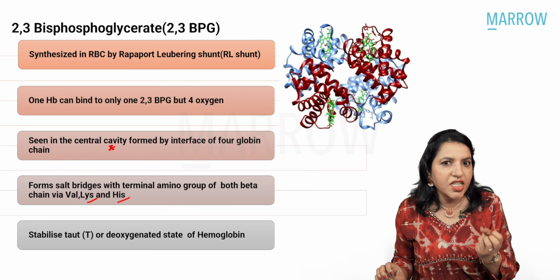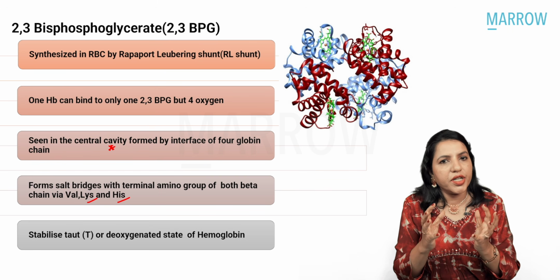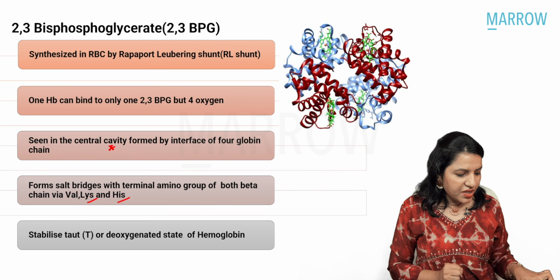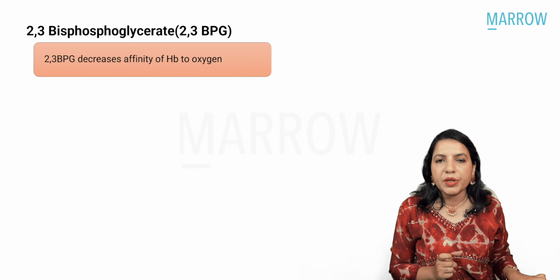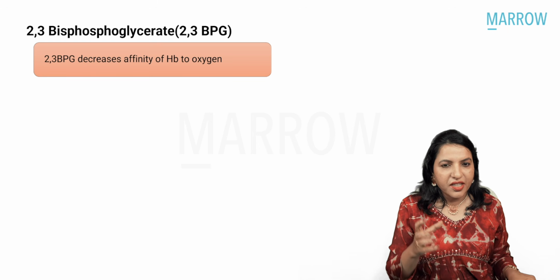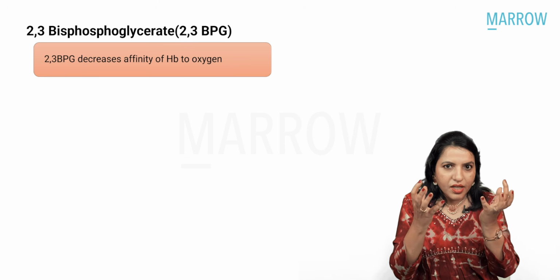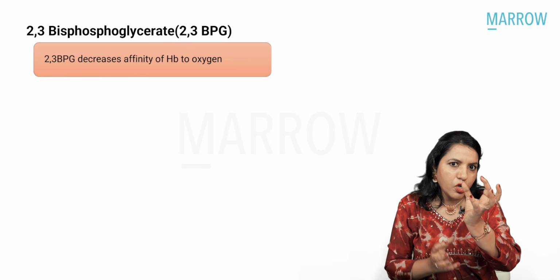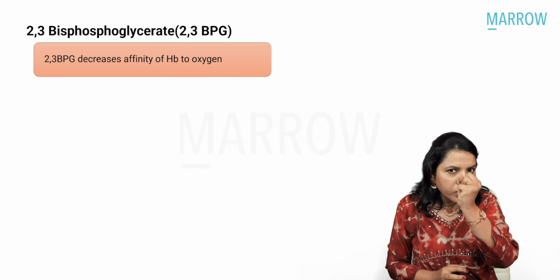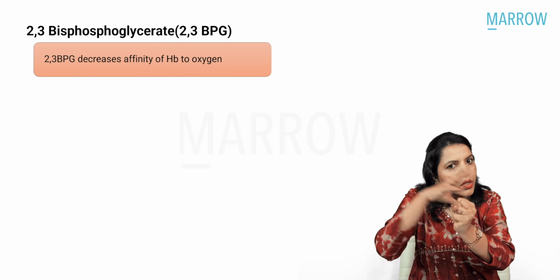In the taut state, it has less affinity towards oxygen, which means 2,3-BPG decreases the affinity of hemoglobin towards oxygen. In other words, think of hemoglobin as a sponge: the taut state is like shrinking the sponge, which squeezes all the water out.